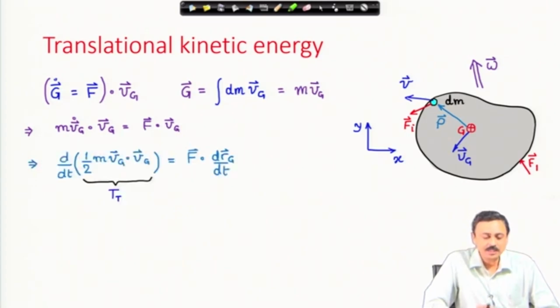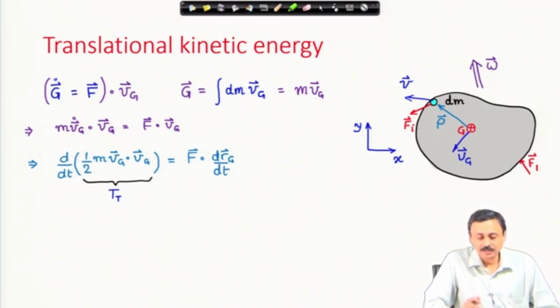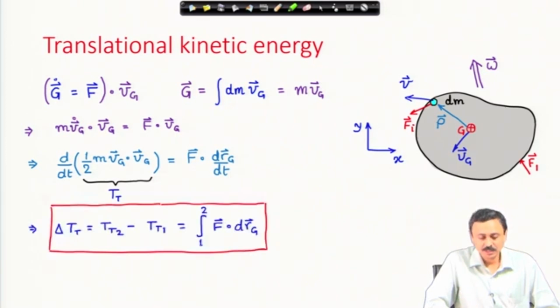The left hand side can be written as d/dt of the translational kinetic energy. Now, you see that if I use only the translational equation of motion, or the extended Newton's second law, and do the same processing as we have done before, consider this as a particle and take the dot product with the velocity of that particle, then I obtain d/dt of the translational kinetic energy, and that is equal to, on the right hand side, the power: the net force on the body dot the velocity of the center of mass.